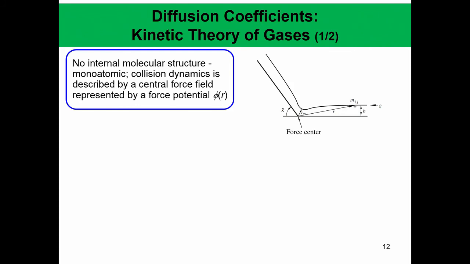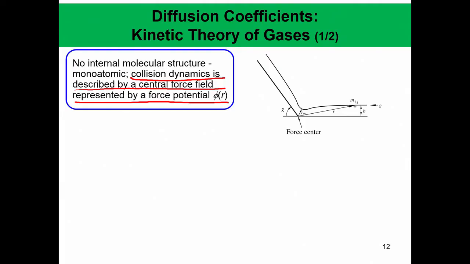But actually, these molecules are not billiard balls, right. They have a force field surrounding them, they have an electron cloud, and those electron clouds have forces associated with them. So, we do not consider molecular structure in these, but the collision dynamics, instead of this hard collision, is described by a central force field, which is represented by a force potential.